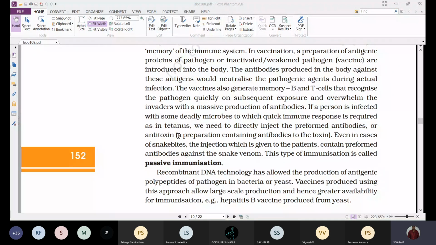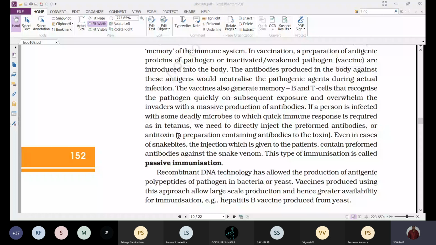That will protect the body from further deterioration of the condition. For example, the tetanus injection we are giving, TT, tetanus toxoid.